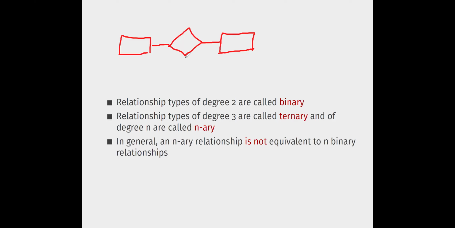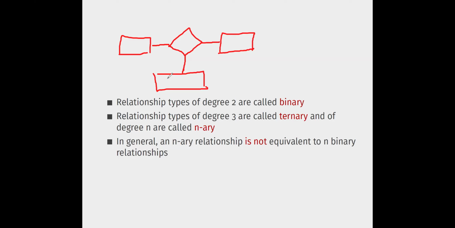But sometimes you can have more than two. It can be any number actually. If you have three, we call it ternary, or we can have n-ary, right? Depending on that, we talk about the degree of a relationship. If you have two entities, we say binary relationship. If you have three, we call it ternary relationship.